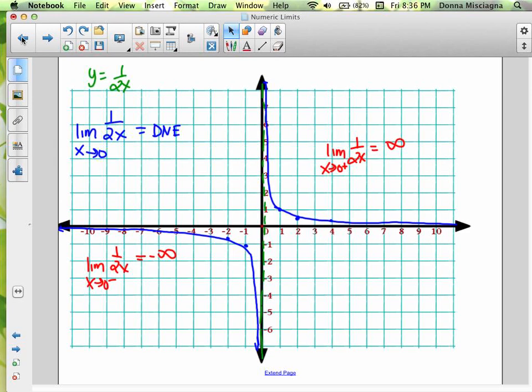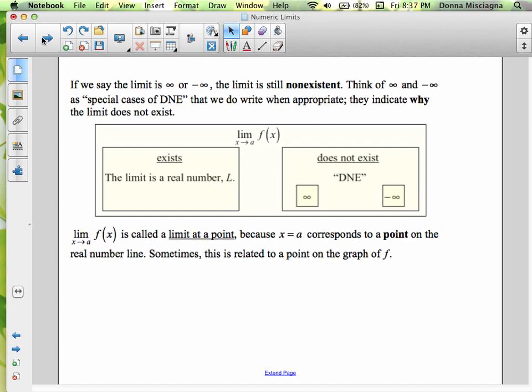And our two-sided limit doesn't exist because neither of the one-sided limits exist. Our limit of f of x as x approaches a exists if the limit is a real number. It doesn't exist if our limit is infinity, negative infinity, or does not exist.